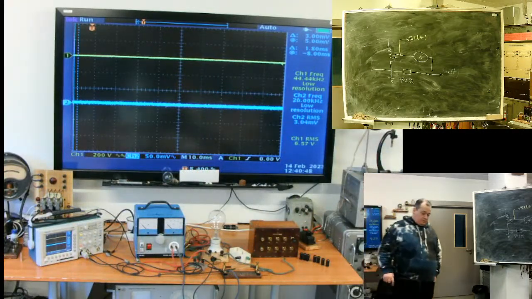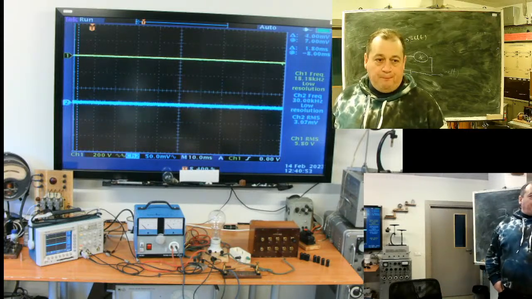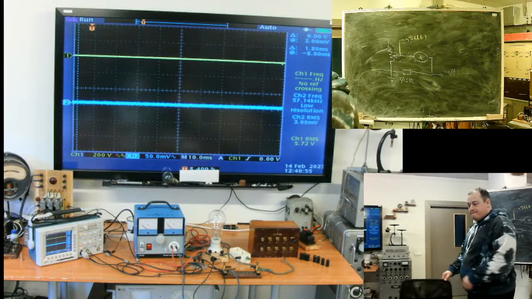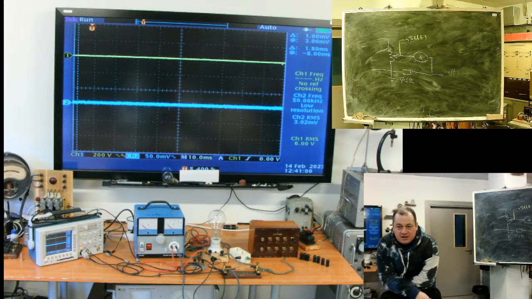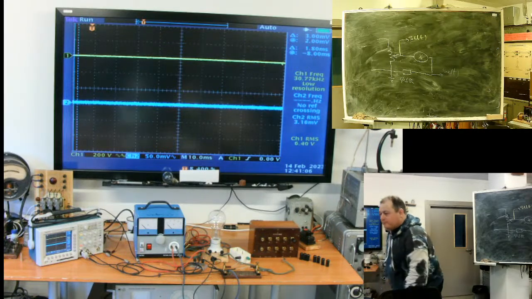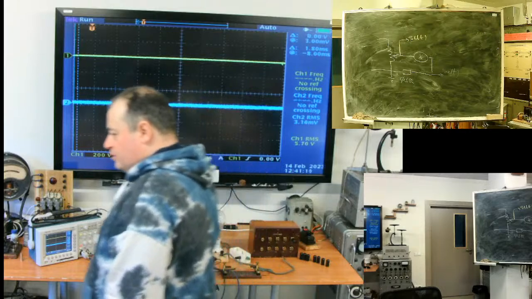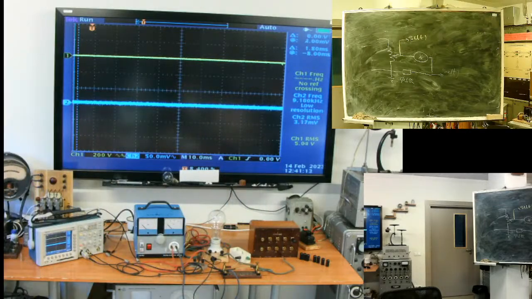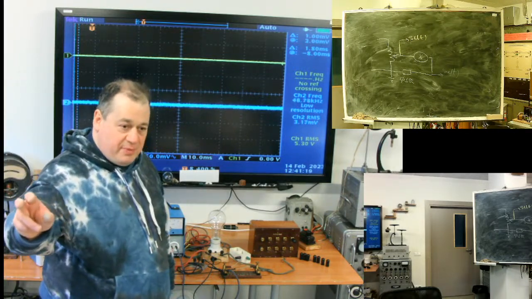So, what's the conclusion for today? Can we make any conclusion? First, circuits with reactive elements are frequency dependent.